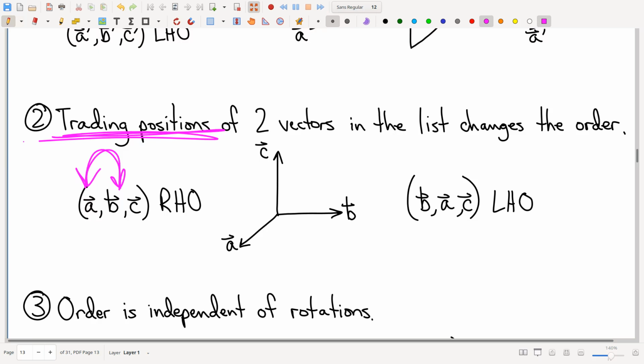So, for example, I claim that ABC, this list, A first, B second, C third, is right-handed. But this list, having switched those positions, B first, A second, C third, is a left-handed list. Everybody good with that?